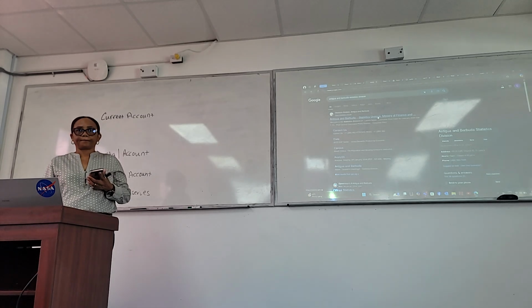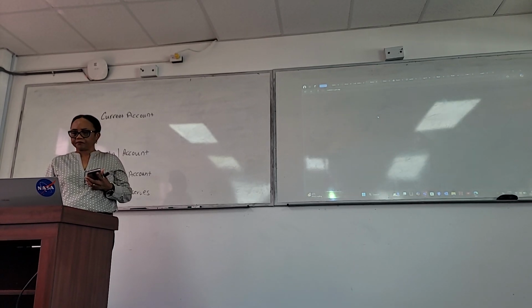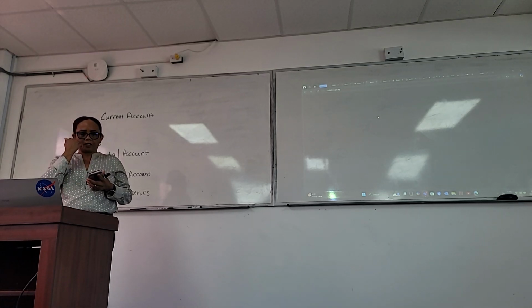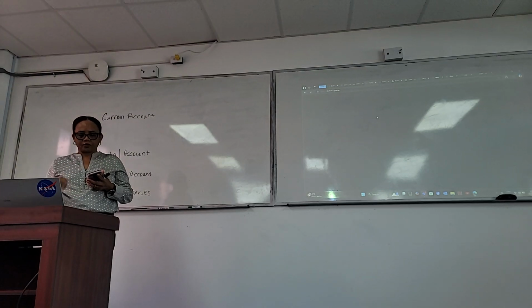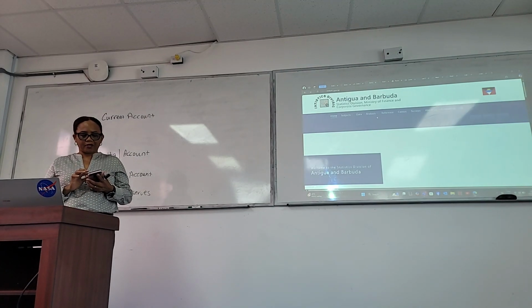Menu bar. After the menu bar, what do you click on? Data. Select data. Data, you will see GDP, consumer prices. You're going to see balance of payments series.